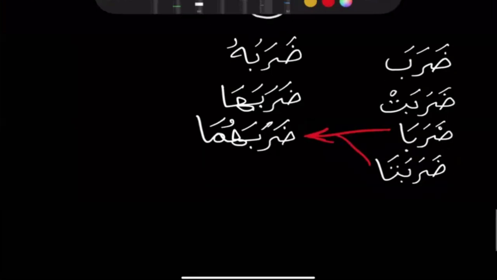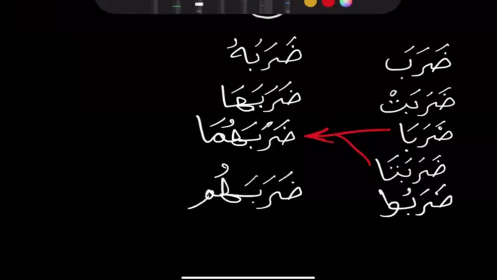Then there's darabu, they struck, masculine. Darabahum, he struck them.